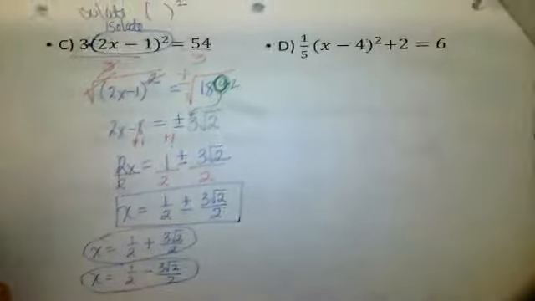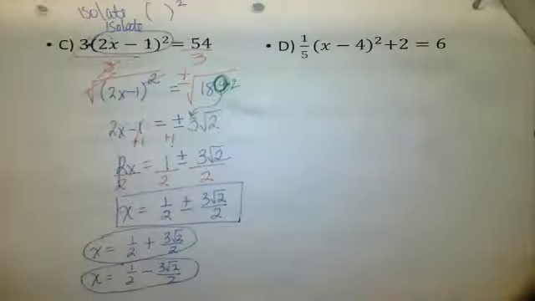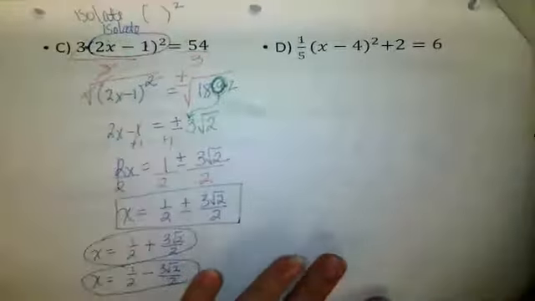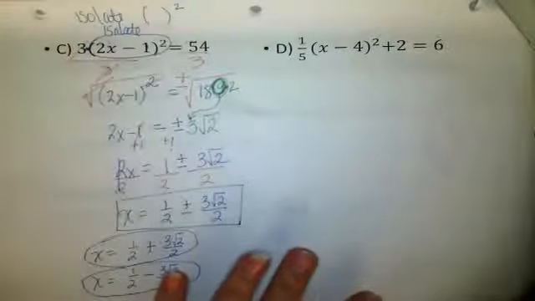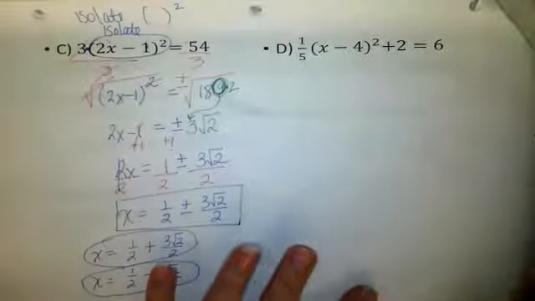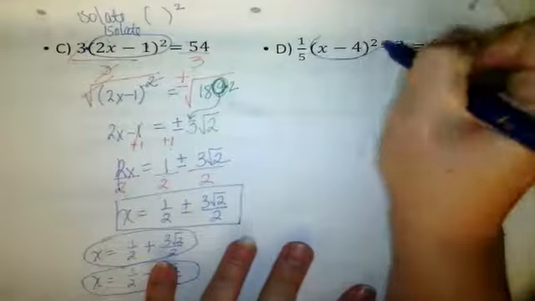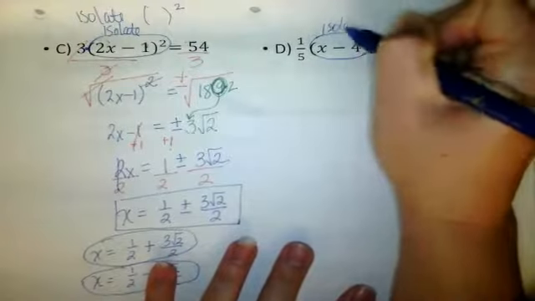So let's try the last one here. We have 1/5 times the quantity x minus 4 squared plus 2 equals 6. What do you want to do first? We're trying to isolate whatever is being squared, yeah?